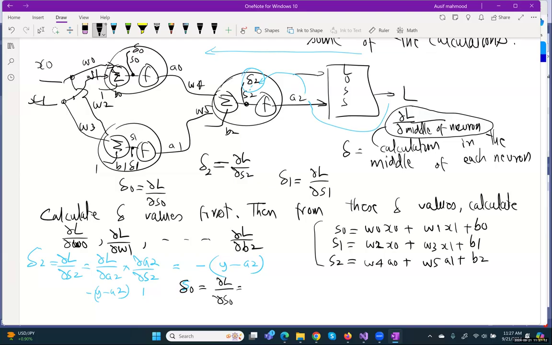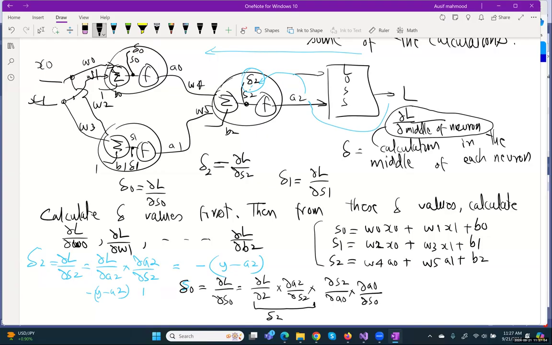If we fully expand it, it's partial L over partial A2, from here we go to A2, A2 to S2, then S2 to A0, very good, A0 to S0, correct? Okay, but what is this part? That's delta 2, right? So this is delta 2.